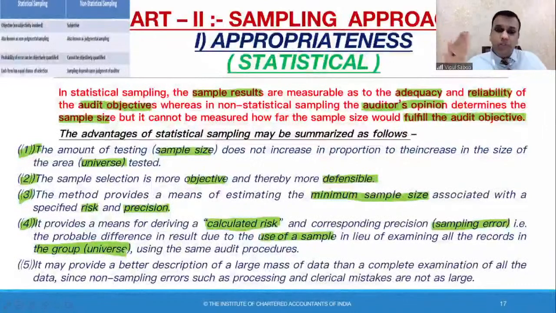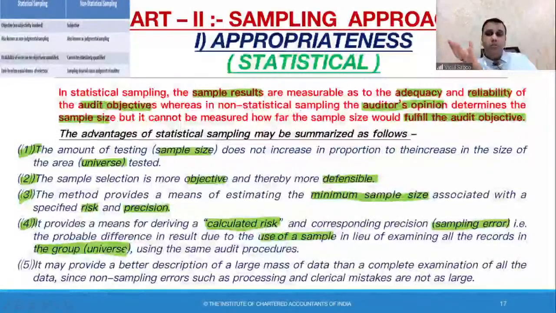Suppose there is a list of 20 accounts receivable and we check any 10. We get the results that almost 20% of the debtors' account balances are on the verge of turning into bad debts. So that was my sample.